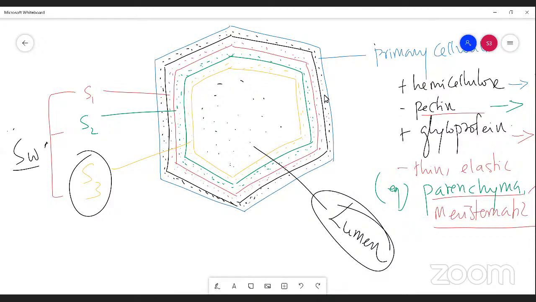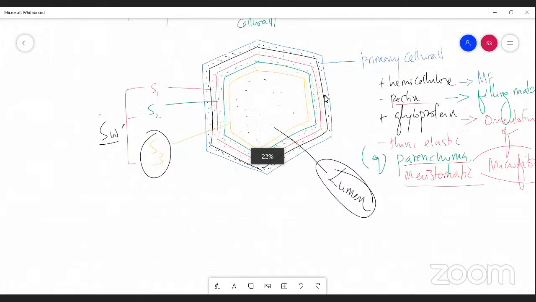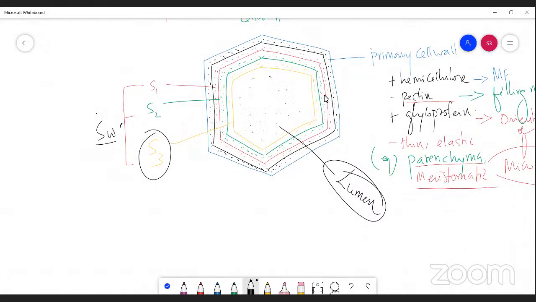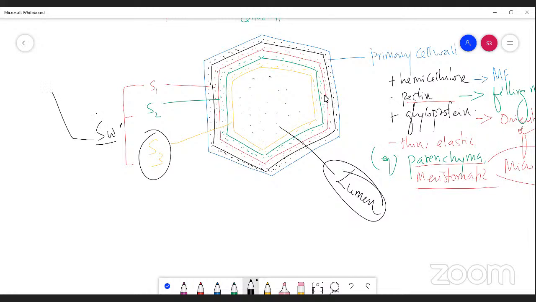Talking about the components, the primary cell wall is made up of hemicellulose, glycoprotein, etc. Whereas the secondary cell wall is made of cellulose on one side and lignin on the other. Both cellulose and lignin are closely associated and mixed together in the secondary cell wall.